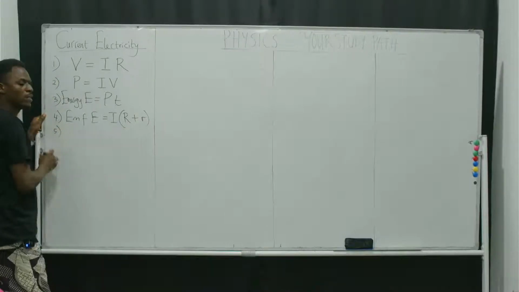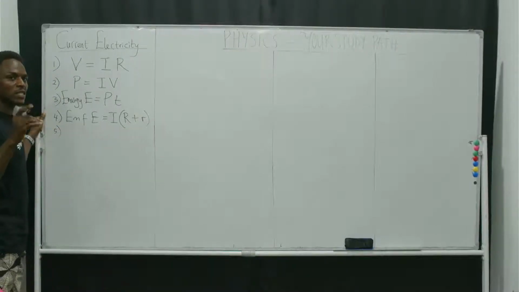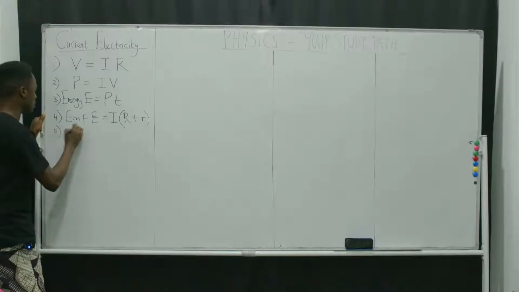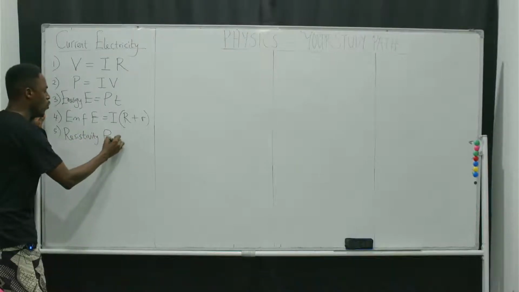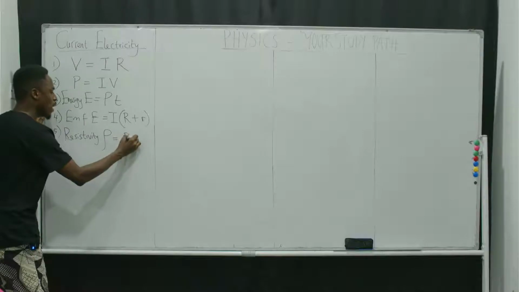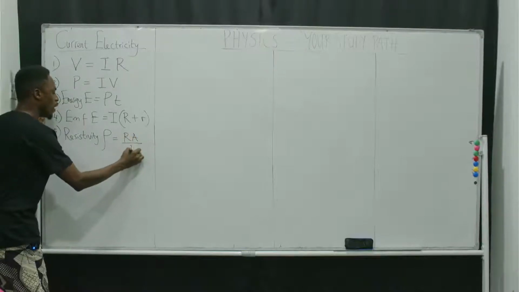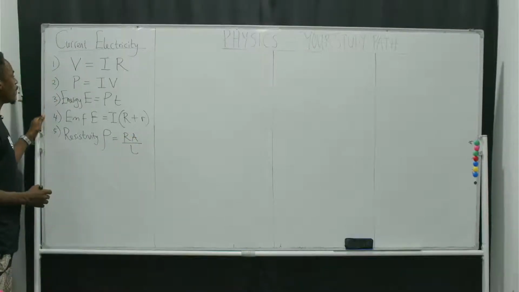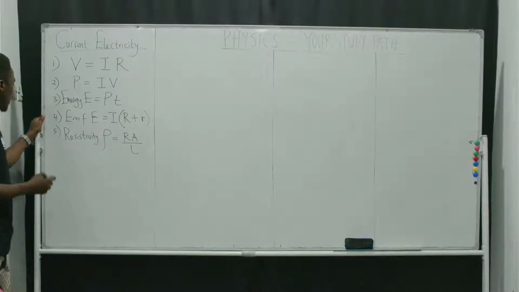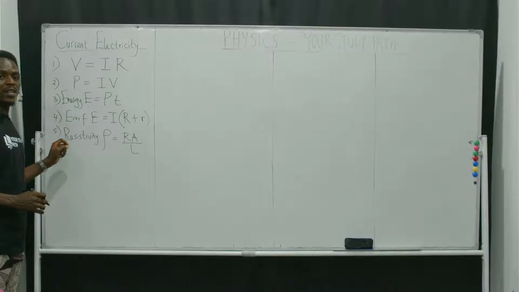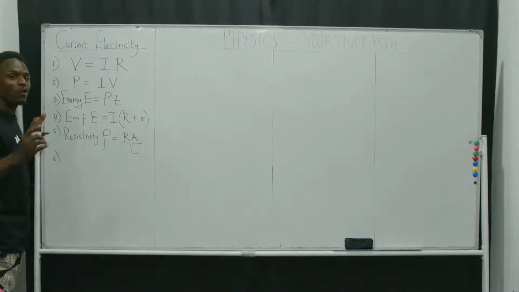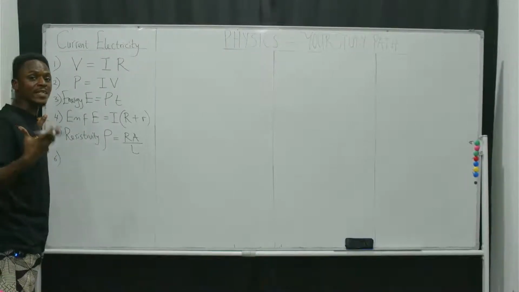Not forgetting a fact about the resistivity of the wire we are using, which stipulates that resistivity rho is equal to RA over L. Now, number 6, we're going to be working with the fact that we have connection in series and connection in parallel.